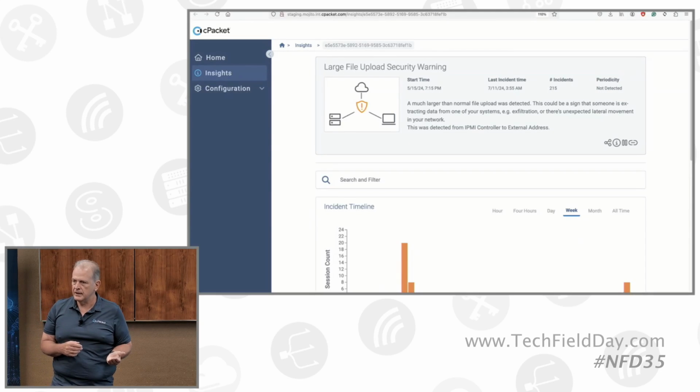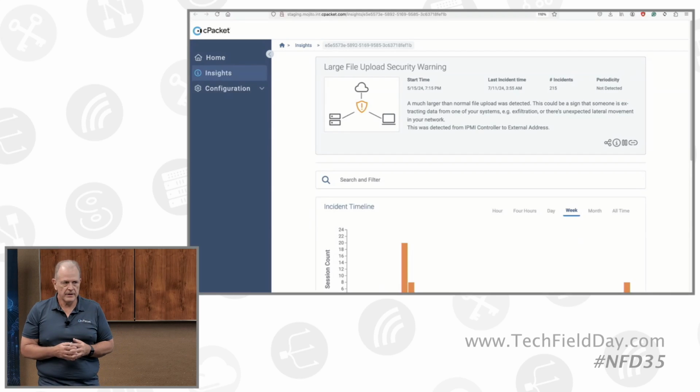Even more concerning, when you look at what, when, where, and why, these are actually IPMI BMC devices in our lab, and they're talking to external IP addresses. Reacting to that, I was like, what, who, why? It turns out it's benign, no big deal, but it is actually a licensed version of Ubuntu from Canonical phoning home on a pretty regular basis.